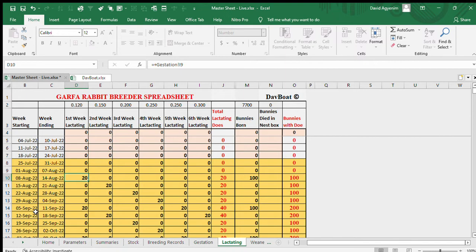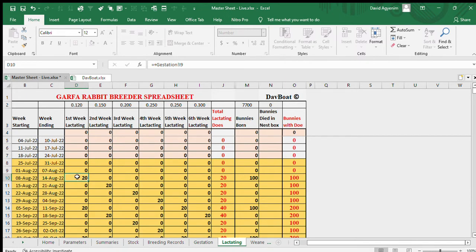If we had some unsuccessful pregnancies, as discussed in the previous video, say only 15 were successful, then this figure would be 15 instead of 20. Now we assume that all was successful, so we had the 20 here.